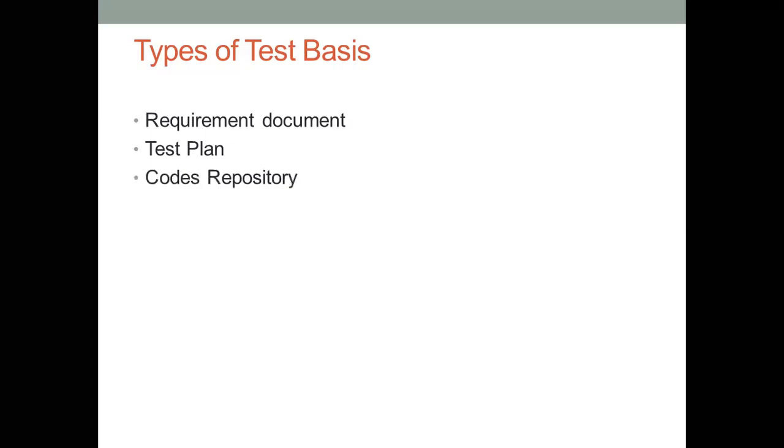Then code repository. The code repository means the server or cloud in which you store your code. Then business requirements. What the customer wants, that is nothing but business requirements. So this is about the different types of test basis.